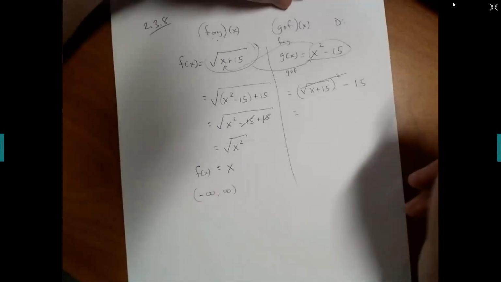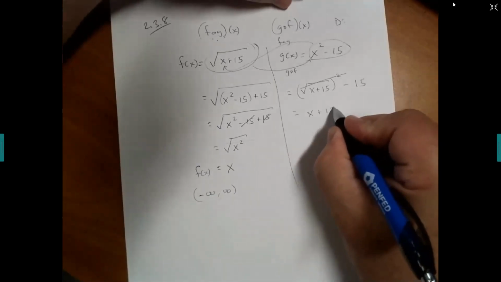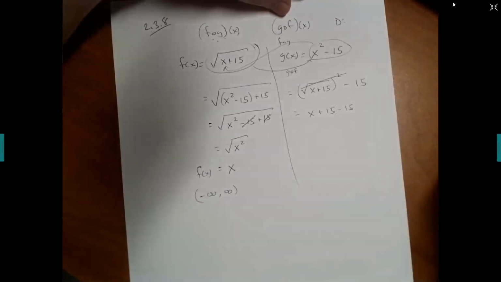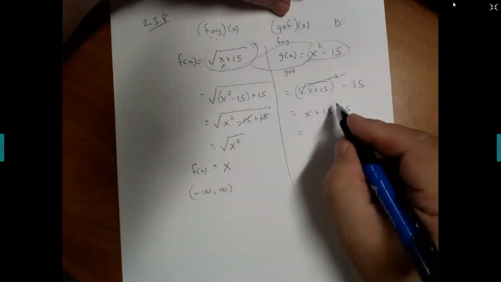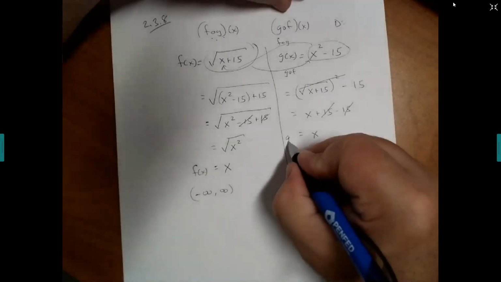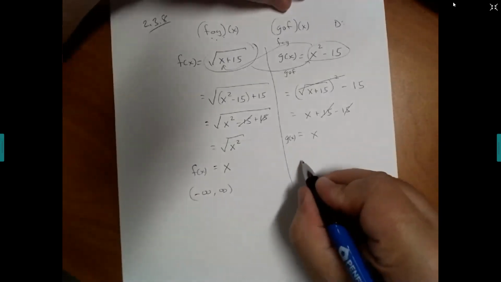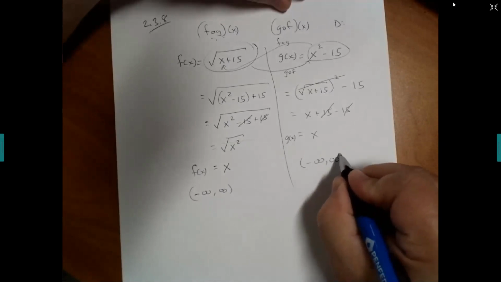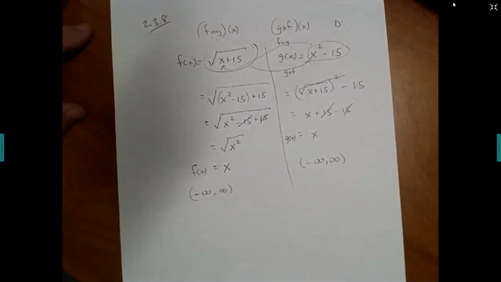The square and the square root cancel. Combine like terms, 15s cancel. So g of x is x, which makes it negative infinity to positive infinity. Any value of x works.